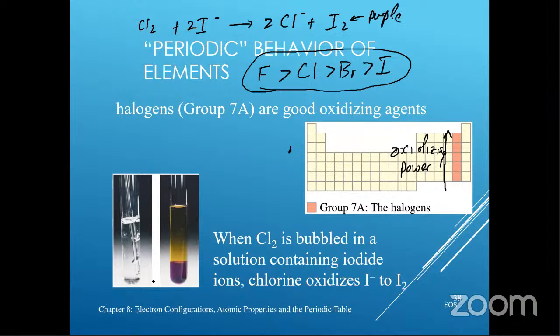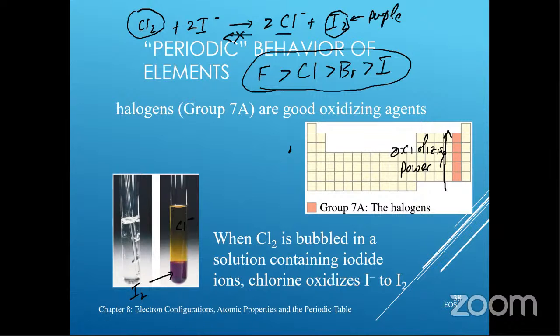So the purple color that you see here is your iodine solution, right? And above here, you're going to have the chloride ion present, all right? So basically, because chlorine is a stronger oxidizing agent than iodine, that means that chlorine will oxidize iodide to form the chloride ion and iodine, and the reverse reaction will not take place, right? Iodine will not oxidize chloride to form chlorine, all right?